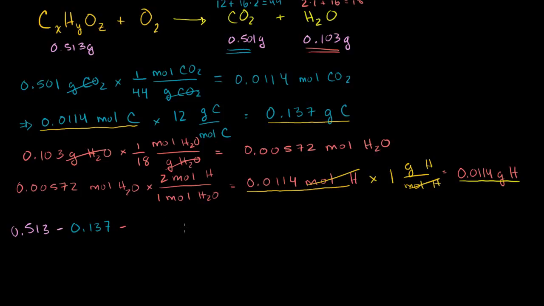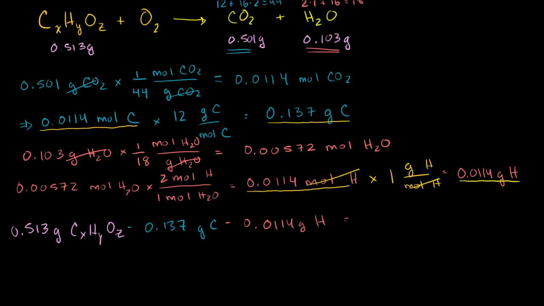Actually, just so you get the whole idea, we started off with 0.513 grams of acid, whatever it is, CXHYOZ, minus our 0.137 grams of carbon, minus our 0.0114 grams of hydrogen, will give us our grams of oxygen that we're dealing with.